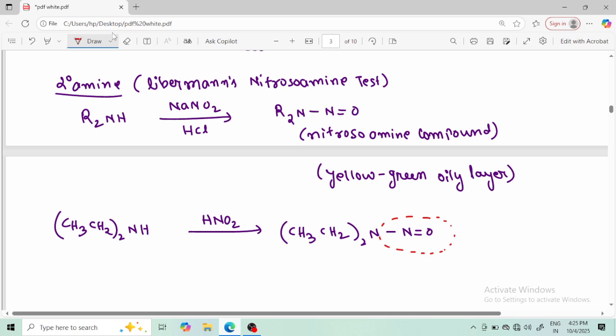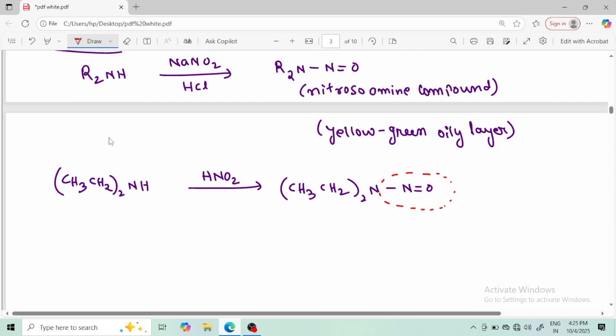So this is the nitroso part. Let's do one more question so that it becomes very clear. Suppose I'm giving CH3 NH CH3, and it's reacting with HNO2. You just have to remove this hydrogen, and then you can draw it here also. So this is also a nitrosoamine compound. Clear?